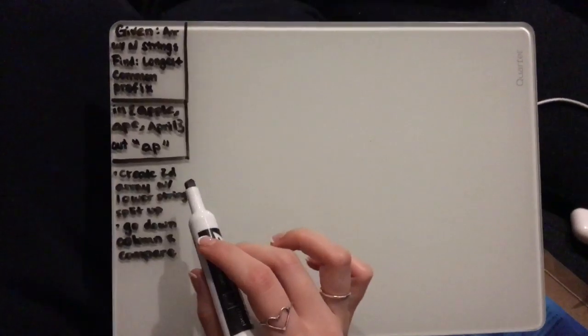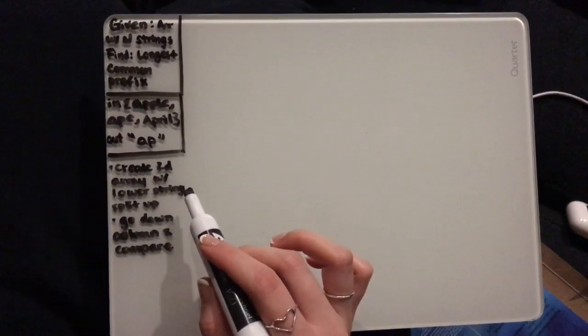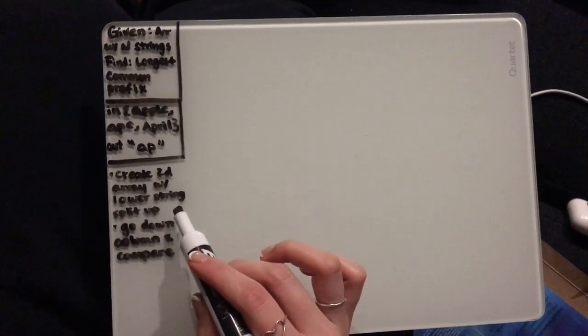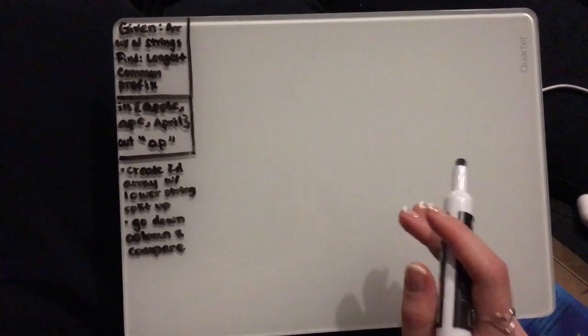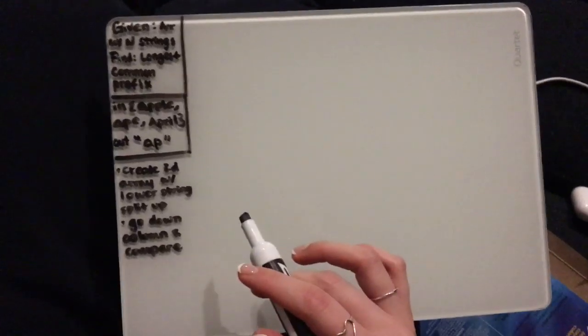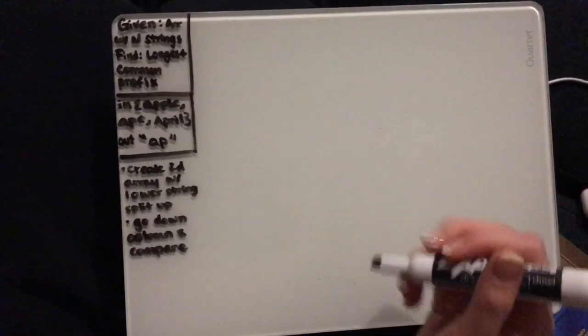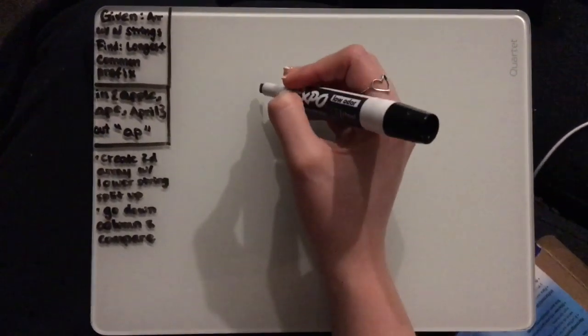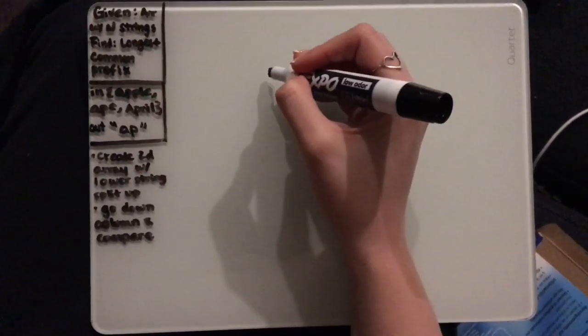How I'm thinking about solving this is by creating a 2D array with the strings put into lowercase format and split up, and then go down each column and compare. So we have apple, ape, and April.